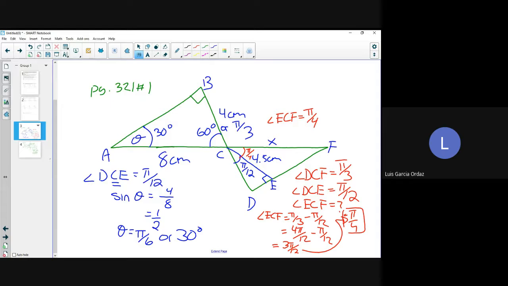Okay, so we are going to use cosine, which is adjacent over hypotenuse. So we have cos pi over 4 is equal to 4.5 over x. So what does cos pi over 4 give us? What ratio, using our special triangles, what is cos of pi over 4?